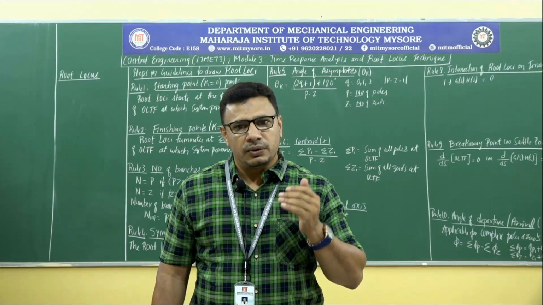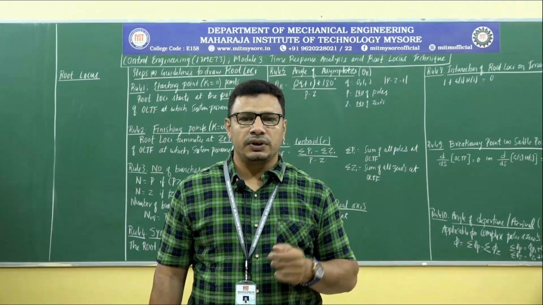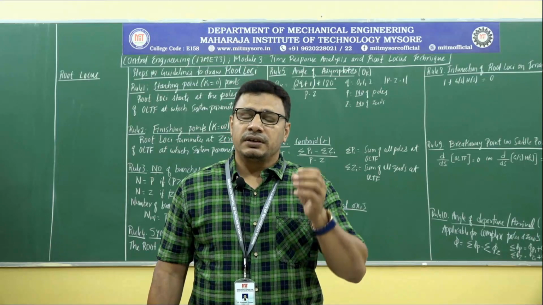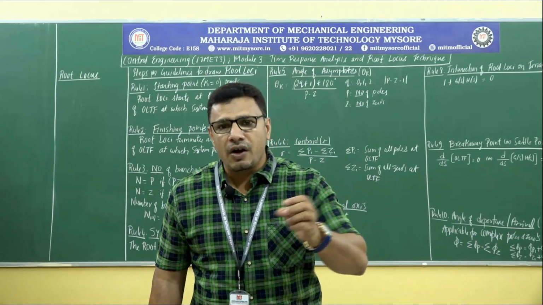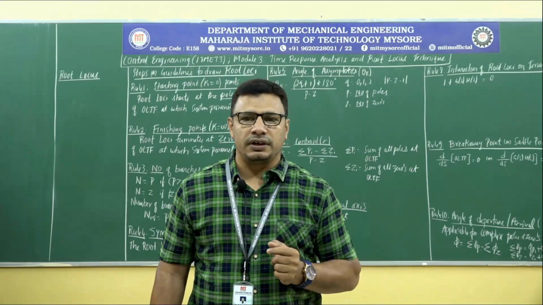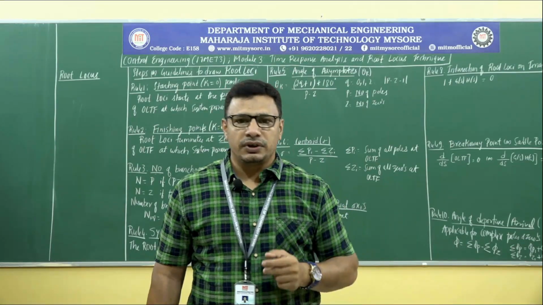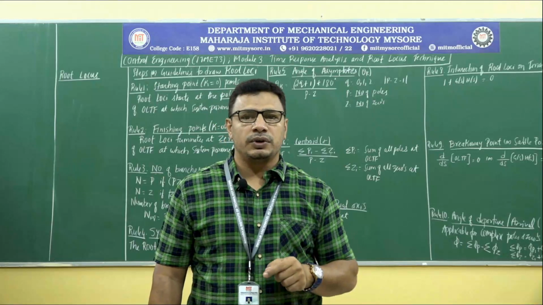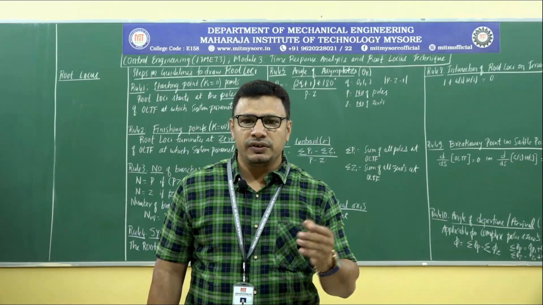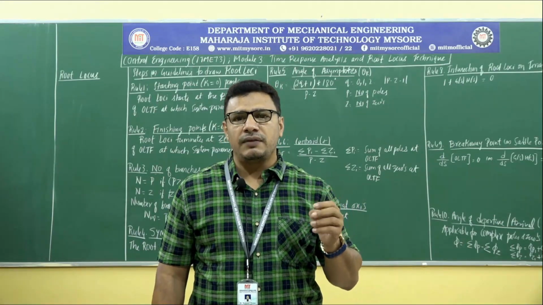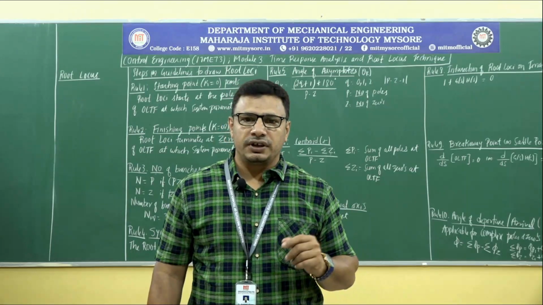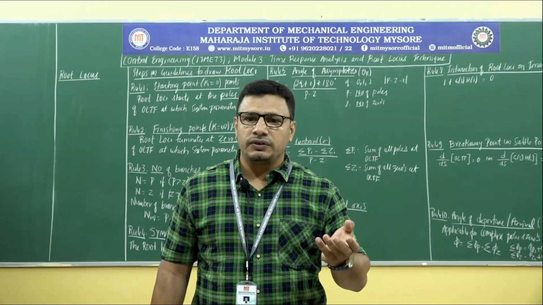The branches of root loci always travel along the asymptotic straight line. Mind it, I said along the asymptotic straight line, not on the asymptotic straight line. In one or two cases, the root loci may travel on the asymptotic straight line, but that is only coincidence.